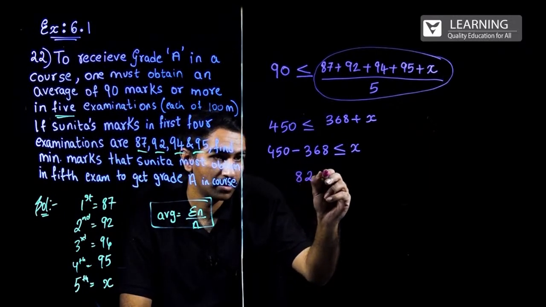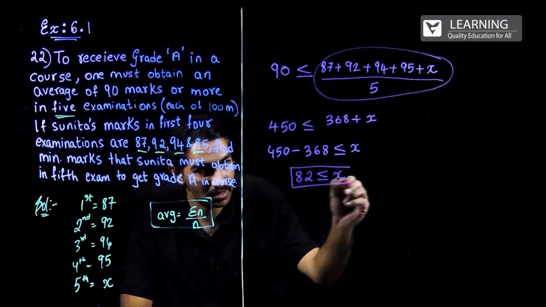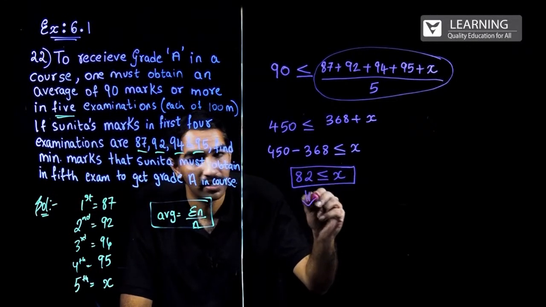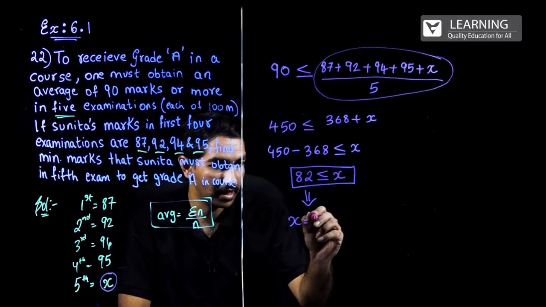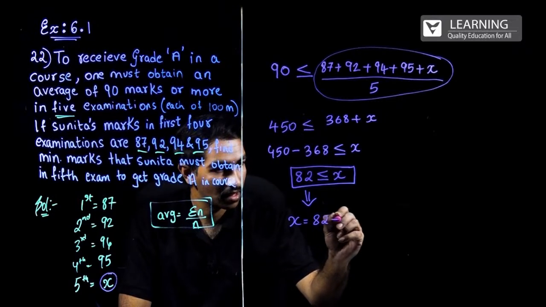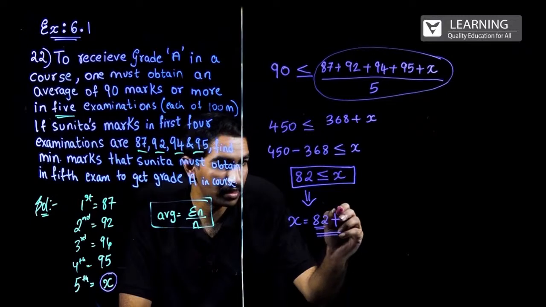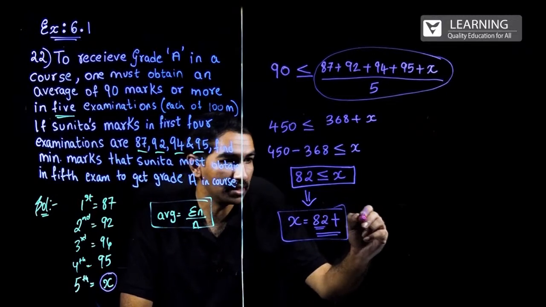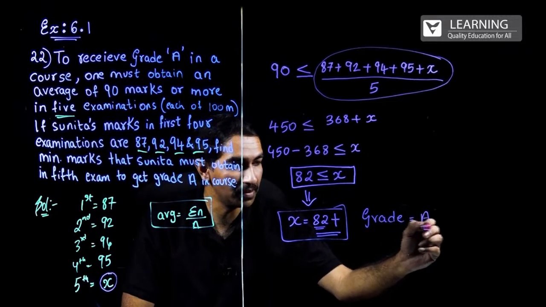So 82 is lesser than or equal to x. From this inequality, what can we tell? In the 5th examination, if Sunita scores 82 marks or more than 82 marks, her grade will be equal to A. Why will her grade be equal to A?